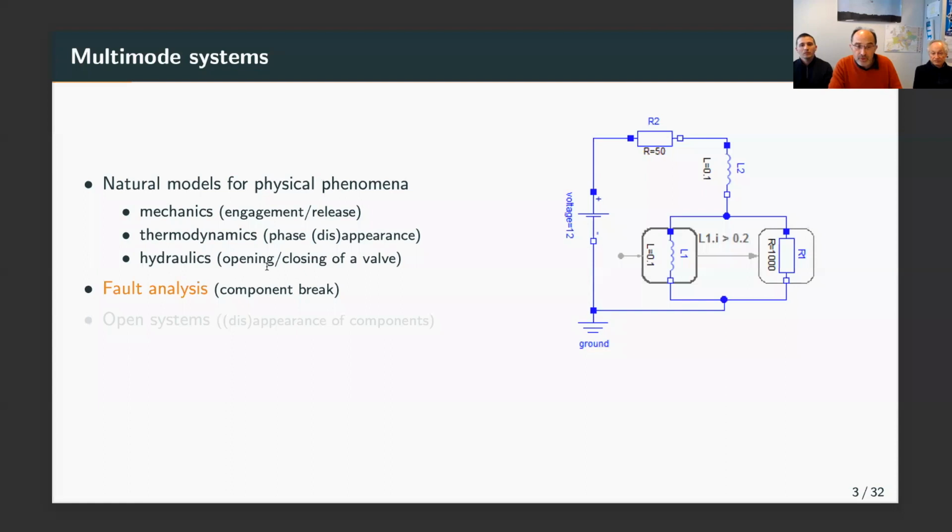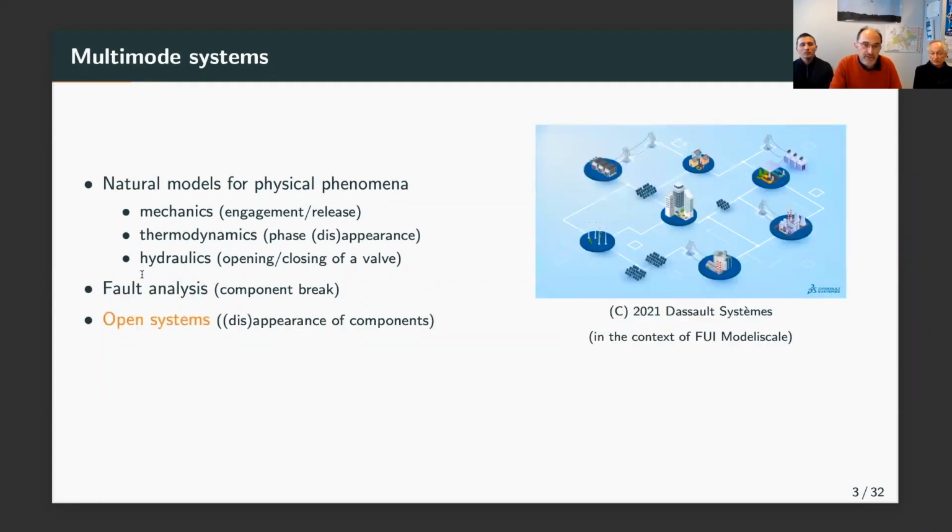When you want to model possible failures of your components in your system, you will use multimode modeling. And more generally, when you are dealing with open systems, so here a smart grid, where consumers and producers can dynamically join or leave the network, you will have to consider switched dynamics.